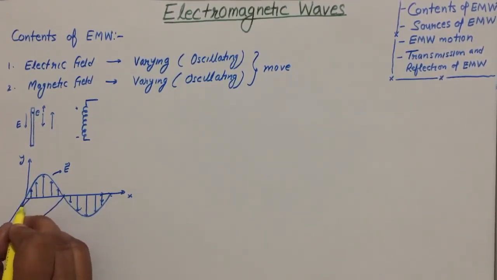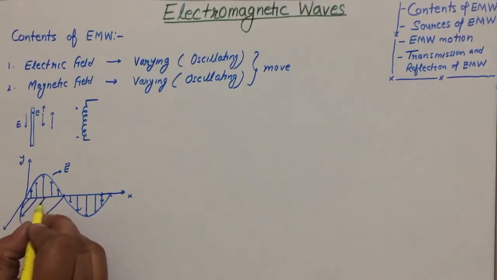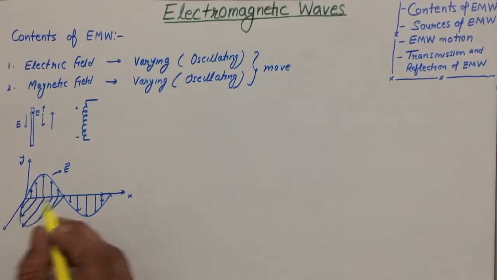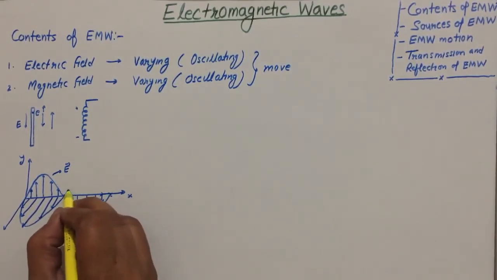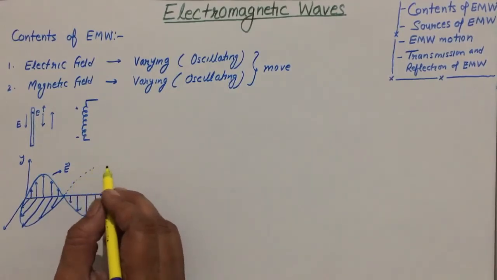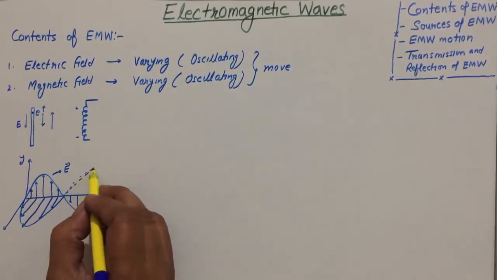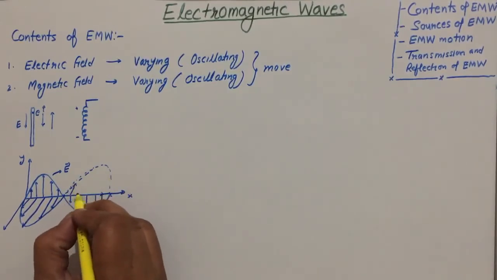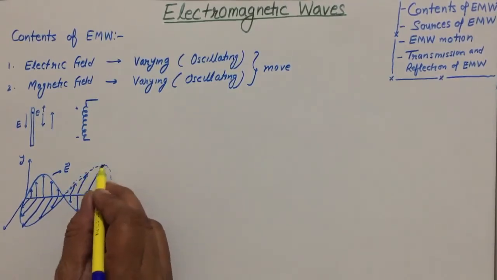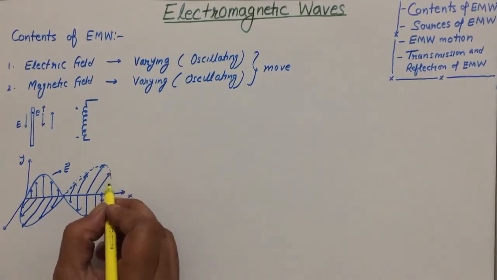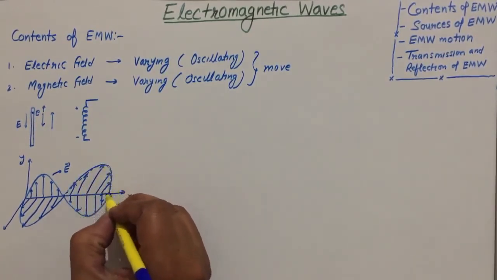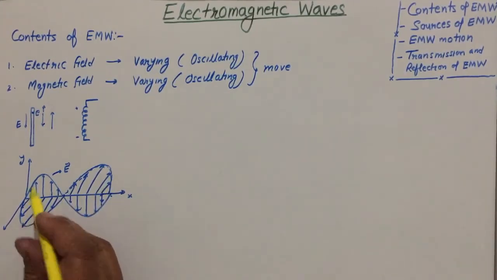This is the magnetic field, like this, in the z direction. Both are perpendicular to each other.